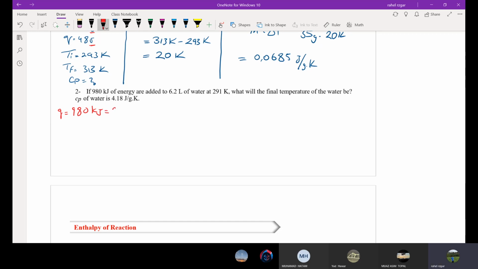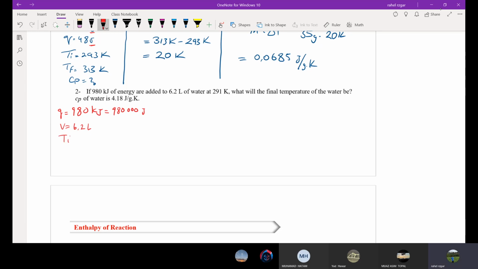So it will be equal to 980,000 joules. 980,000 joules are added to 6.2 liters. Volume is 6.2 liters of water at 291 Kelvin.